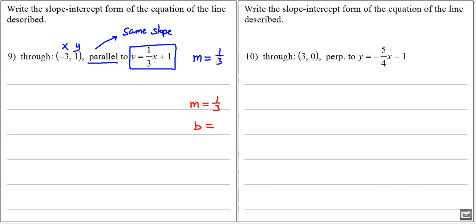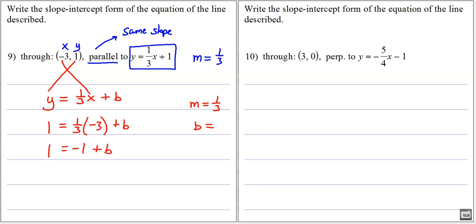I don't know my b, so that's where we got to go back to what we were doing before. Y equals mx plus b. I'm going to put these two numbers in. 1 equals 1/3 times negative 3 added to b, which gives me 1 equals negative 1 plus b. Add the 1 to both sides, and we get b equals 2.